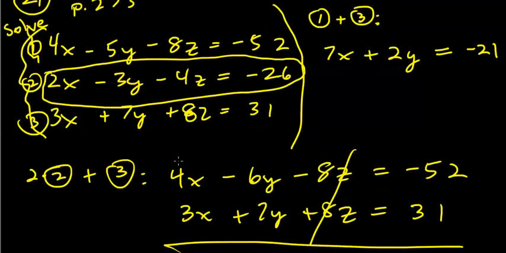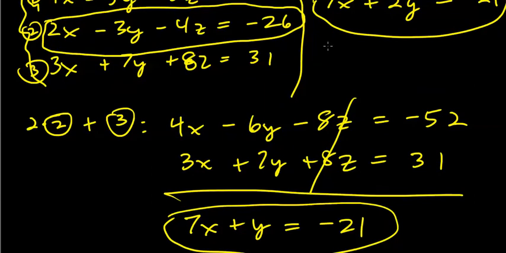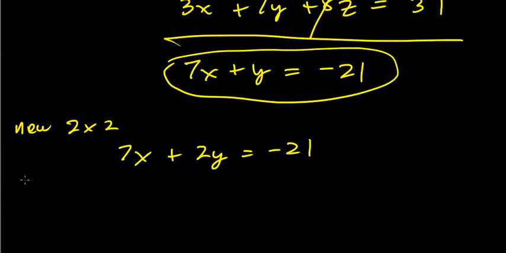And of course above, out of screen, is the first equation I'm going to use in my 2 by 2. So let me take those two equations and write down my new 2 by 2. I'll say 7x plus 2y equals minus 21.